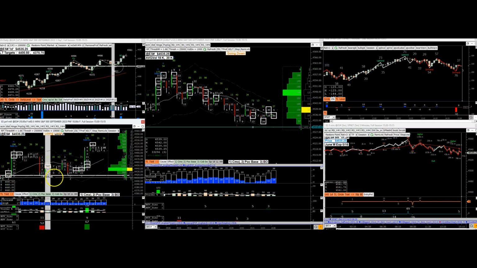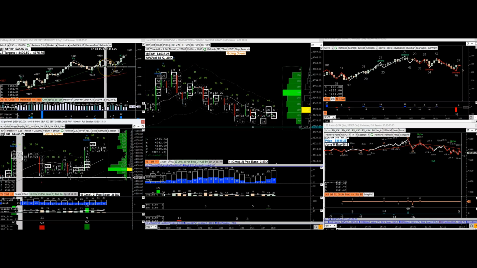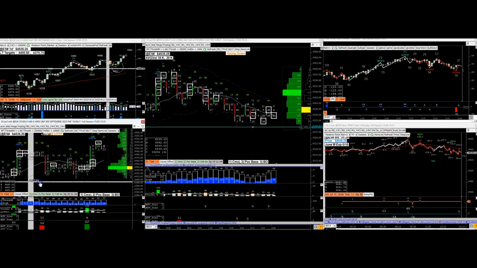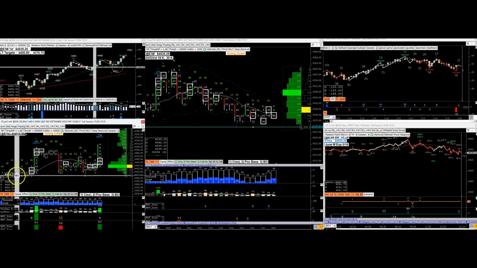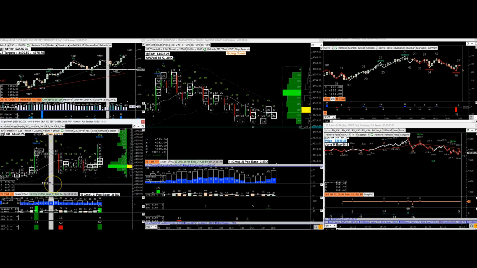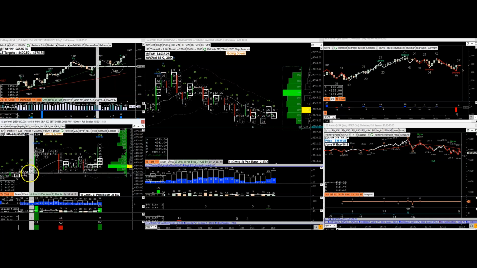So it's pulling back, not only near the average, the average is just for visual, okay, but here you see this print? It's 41 times 10,000, so I think that's 410,000 contracts.